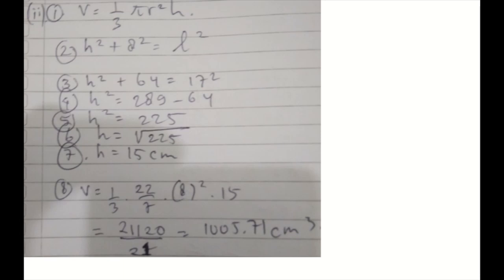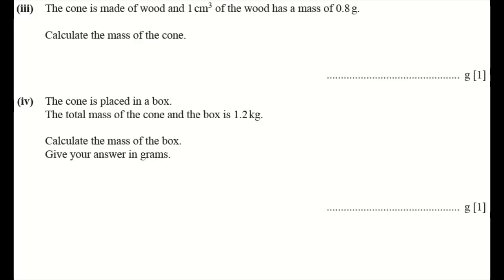They just directly assume that the slant height, because there's the word slant height, there's the word height, is the height actually used for the volume formula of the cone. But that's not the case. So the volume is equal to 1005.71 centimeters cubed.